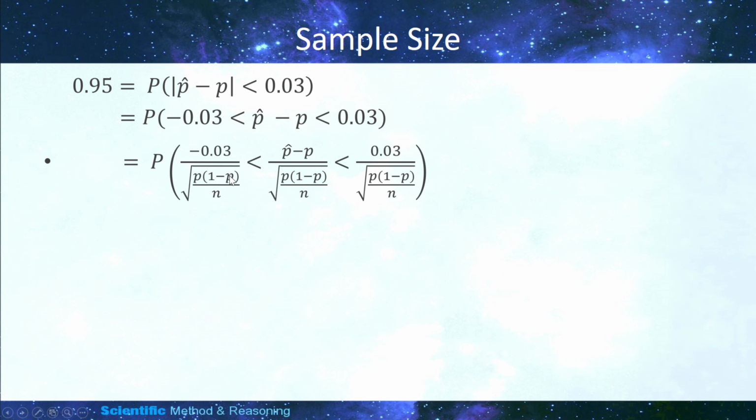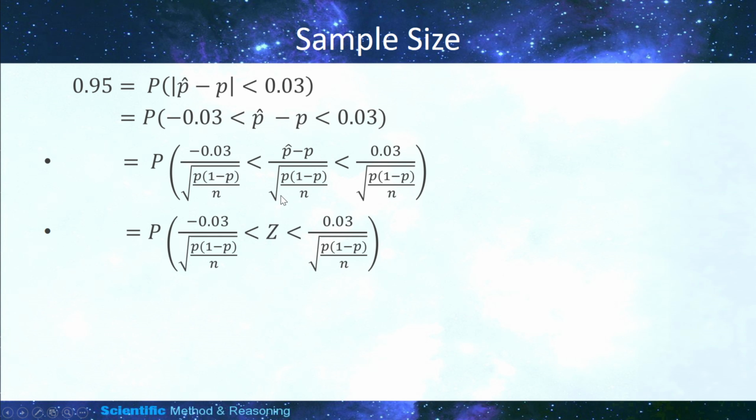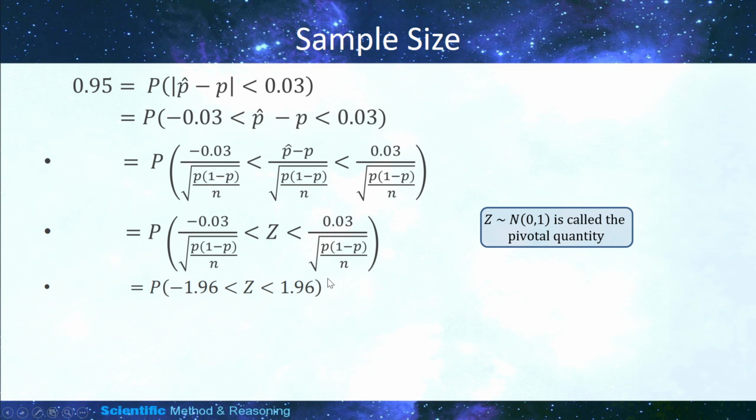And obviously we know what this is: minus 1.96, this is 1.96, and this will turn into the standard normal random variable z by the central limit theorem. So similarly, we can do the mapping again by mapping this quantity to 1.96. And z follows approximately a standard normal distribution. And this z is what we call the pivotal quantity.